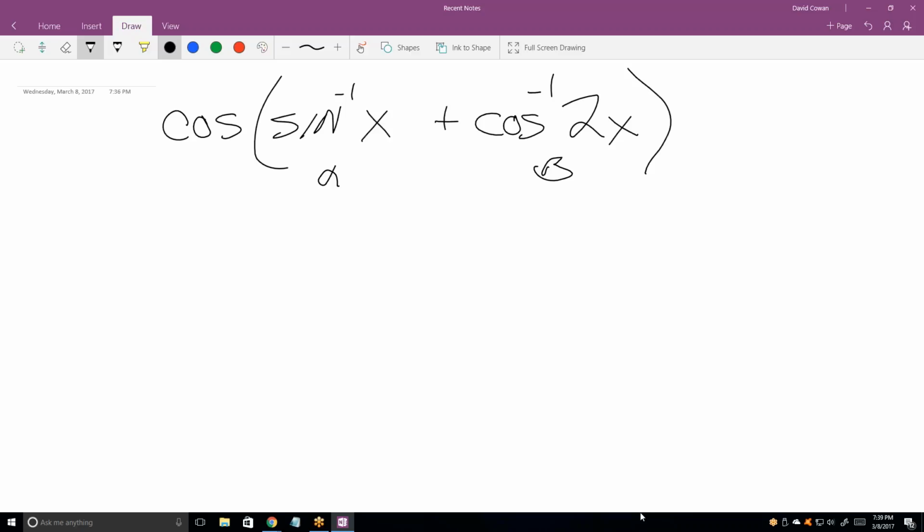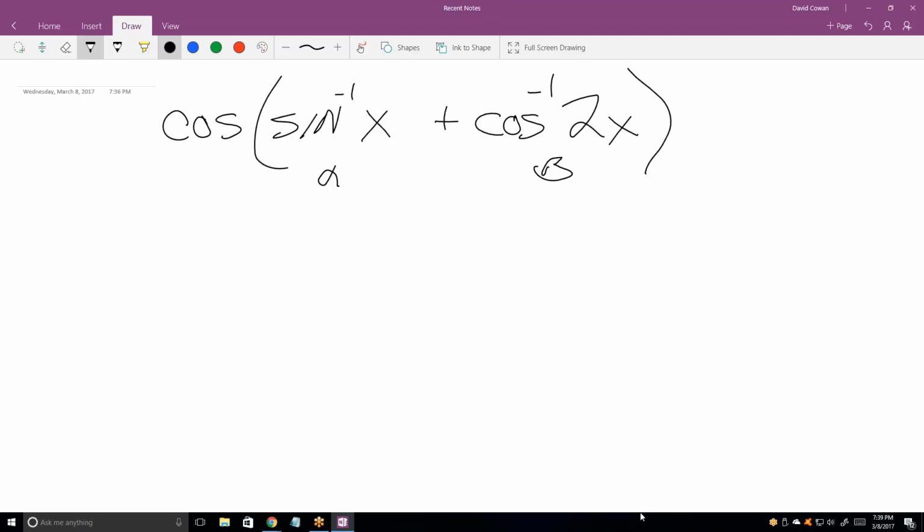Well, now we got cosine of alpha plus beta. What's that going to become? The alpha of the sine of A would be x over 1. Hold on. Yeah, I think you're a little ahead of me here, a little out of order.